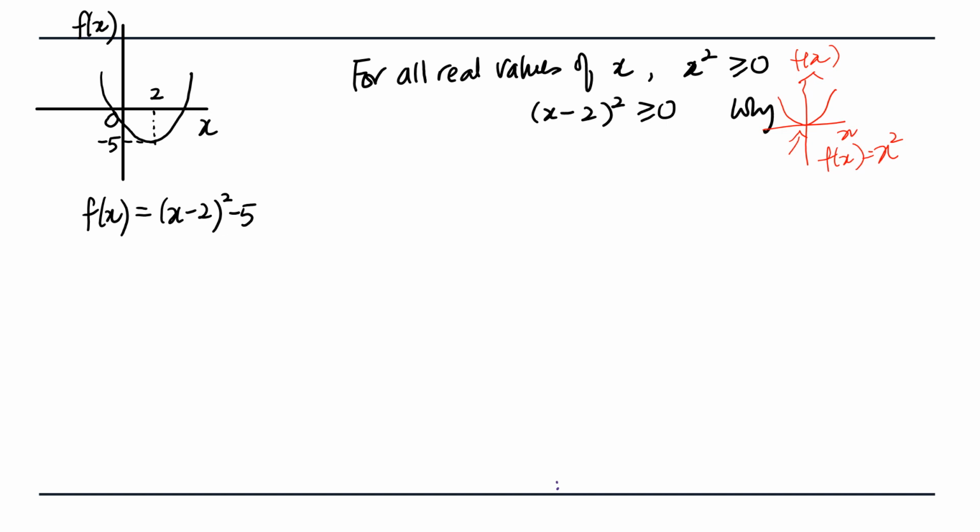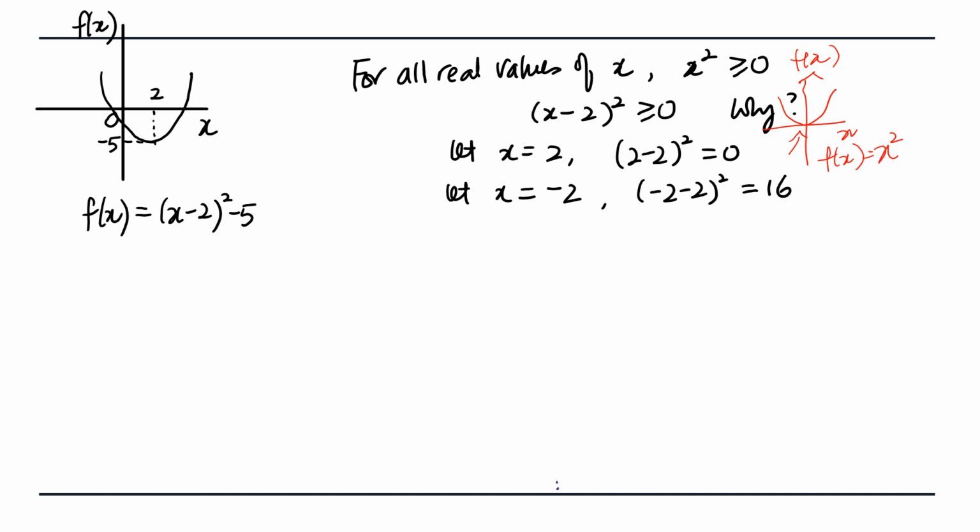So why is that so? We're going to do some substitution to explain why. When x is equal to 2, you substitute x to be 2 here, you will get 0. When you substitute x to be negative 2, you get 16. Let x be 3, you get 1, and so on and so forth.